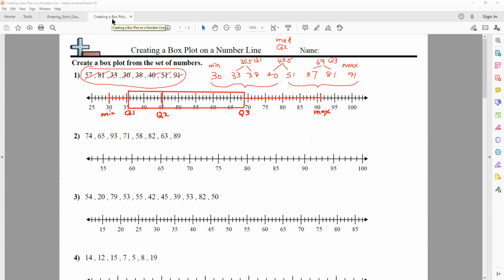So smallest is 58. Or just cross that out so you don't get confused. Write 58 on the empty space, and then cross out 58.